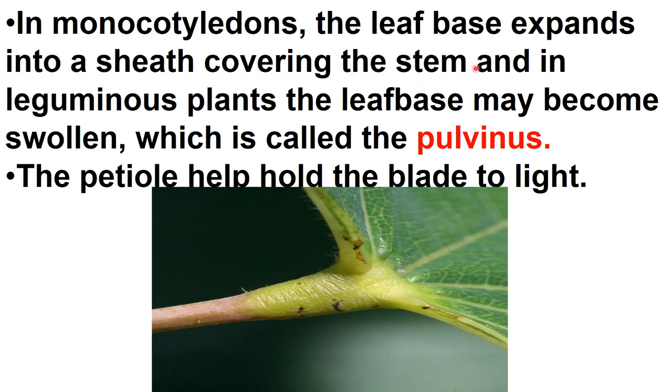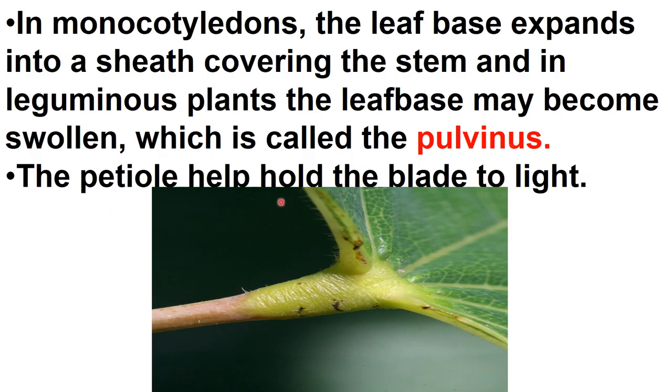And in leguminous plants like beans, the leaf base may become swollen, which is called pulvinus. See here, this is the leaf base and this is the swollen leaf base. So you can say pulvinus is the swollen leaf base in case of leguminous plants.